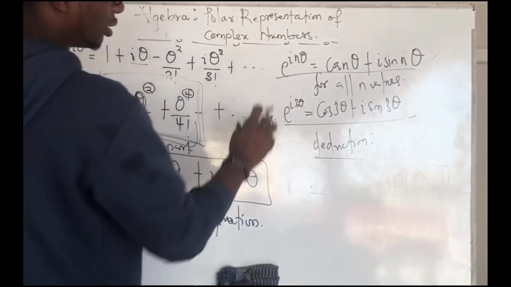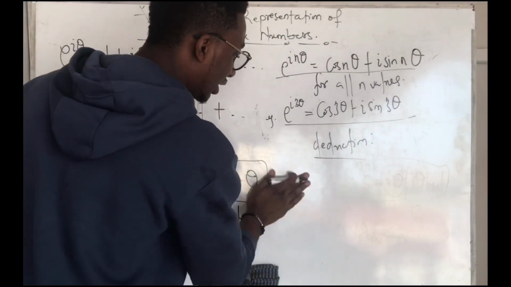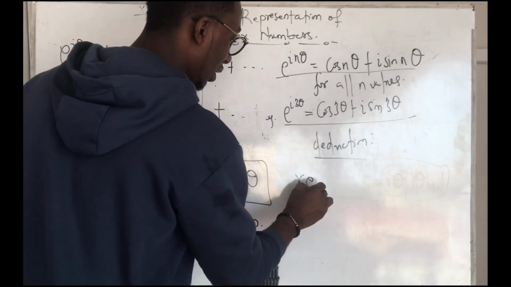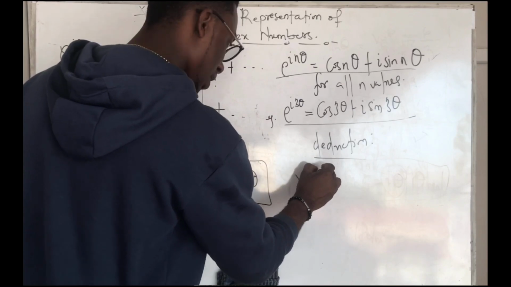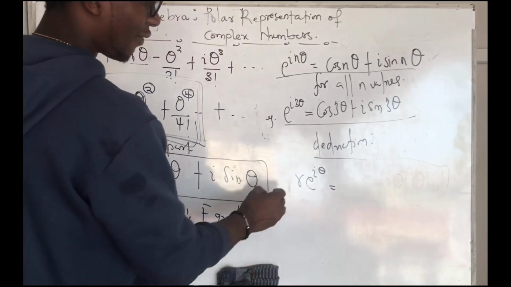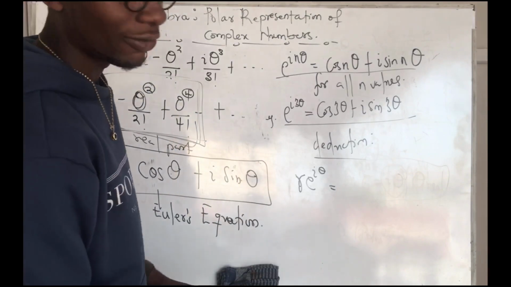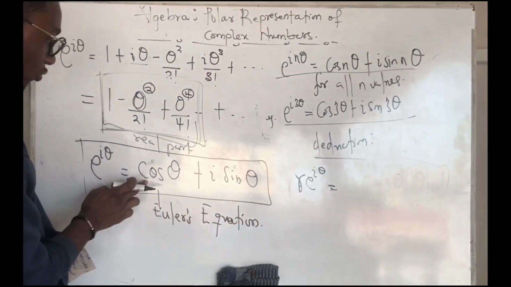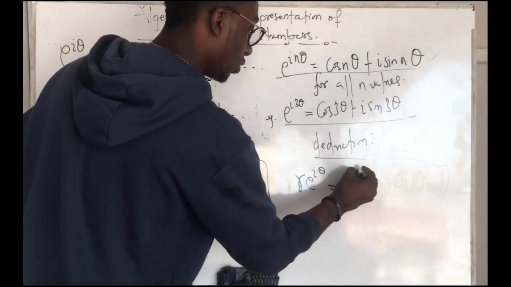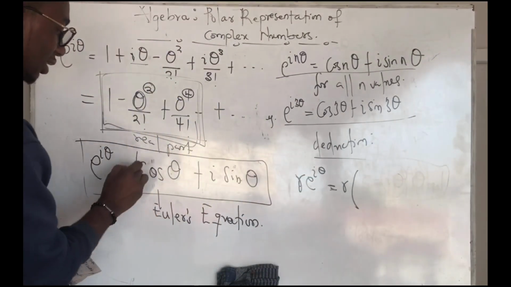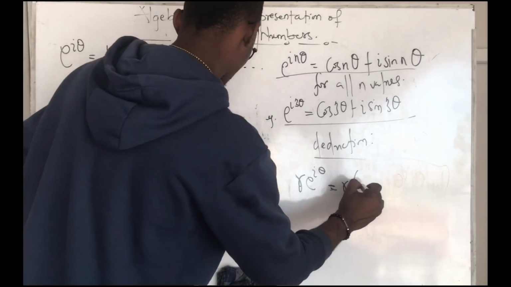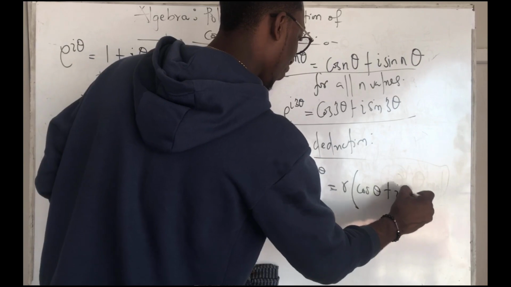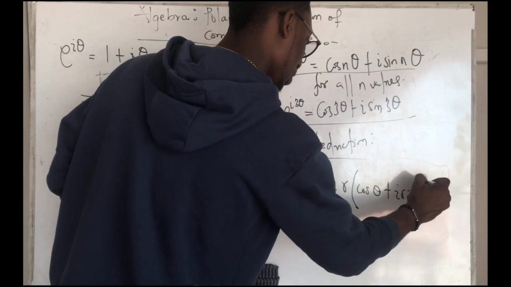From that equation, we can make a deduction that anytime you have a real number r multiplying e to the i theta, then when you expand it, it becomes r multiplying cos theta plus i sine theta.